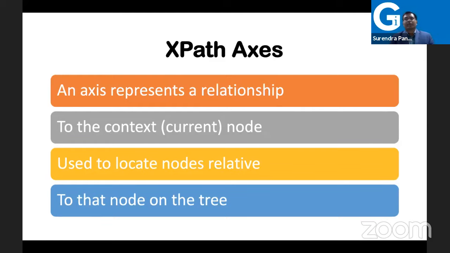Now some more concepts, like XPath axes. What do XPath axes mean? An axis represents a relationship. I don't want to go into detail, but those who would like to know the XPath depth can look into what XPath axes are and how the relationships work.